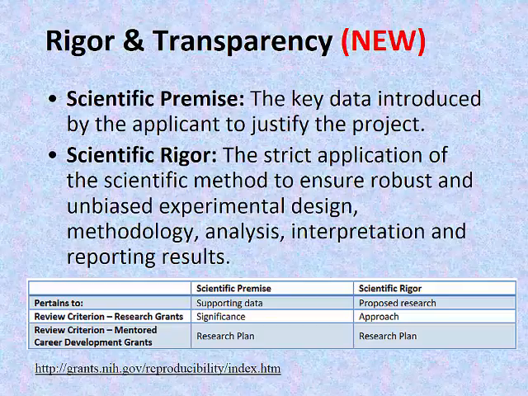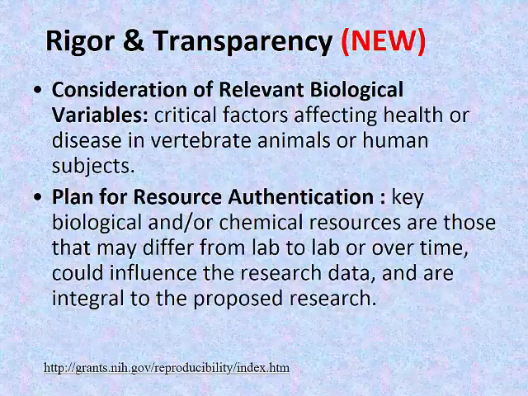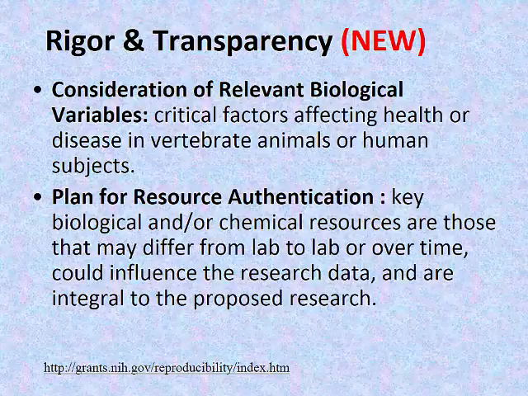And so you're going to have to hit all these bells when you're writing your proposal. Consideration of relevant biologic variables, and plans for resource authentication. And you'll see by looking in this link here exactly what is meant in more detail. When they change the rules like this, it's really important to pay attention.